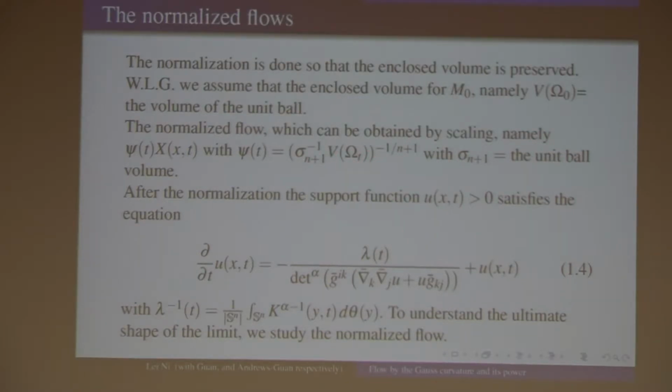If you put that scaling in, you get this normalized flow. This is just a computation. This normalized flow is going to preserve the enclosed volume. So the volume is not changing. You do a little bit of computation and it shows.